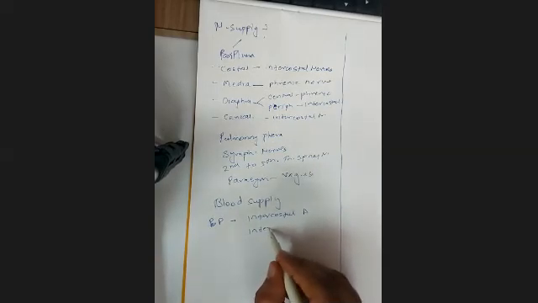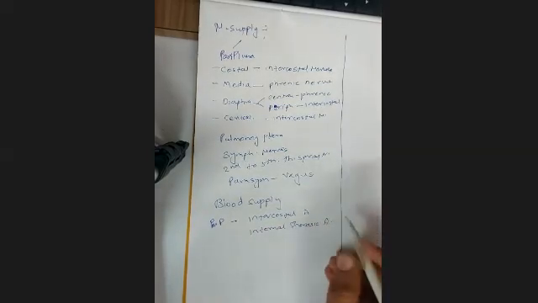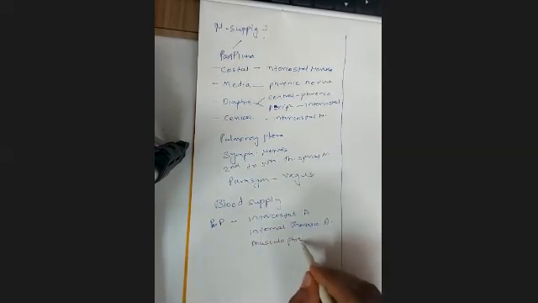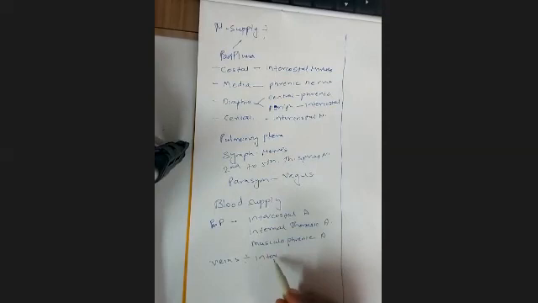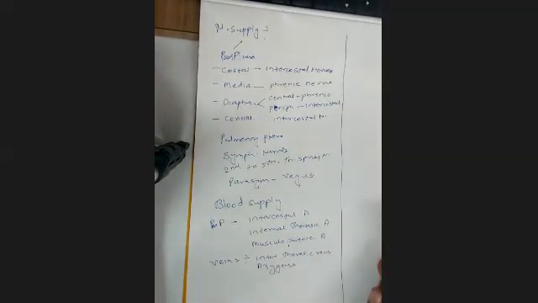Then it is supplied by the internal thoracic artery and musculophrenic artery. And the veins for the parietal pleura will drain mostly into the internal thoracic veins and azygous vein. This parietal pleura is attached to the thoracic wall from the inner side by an endothoracic fascia.